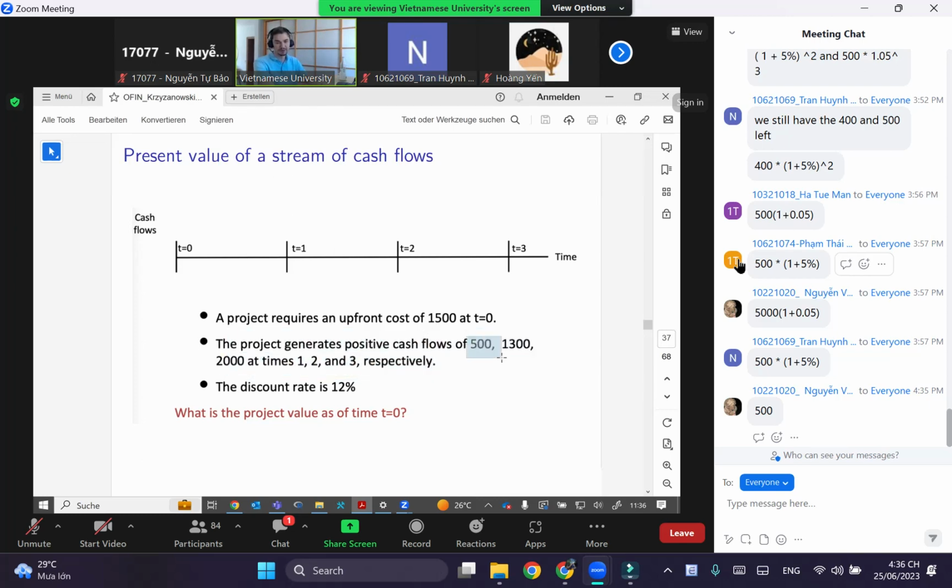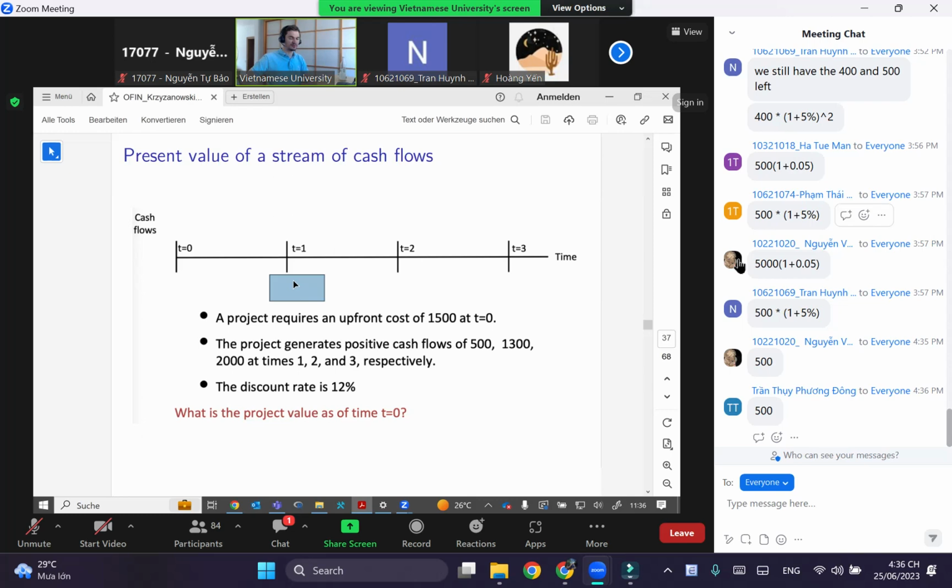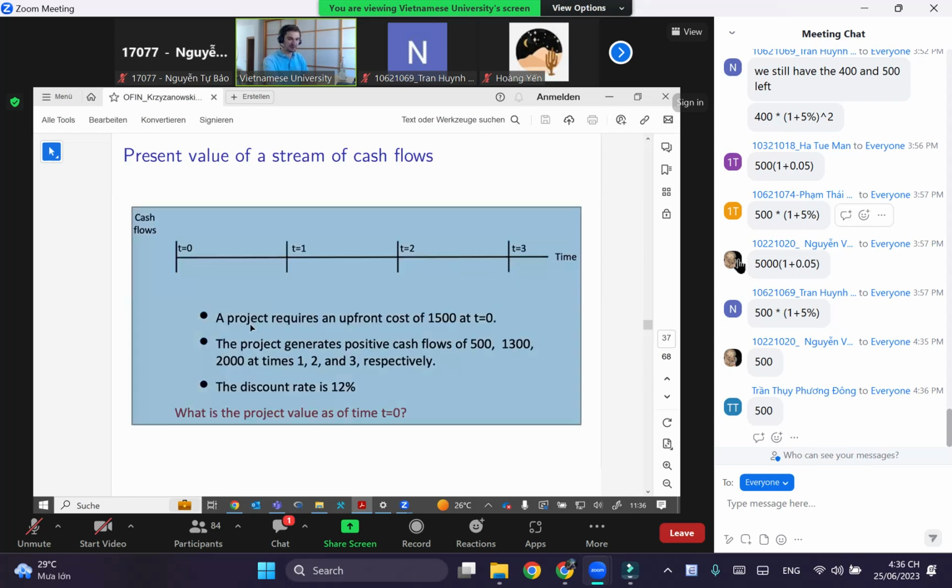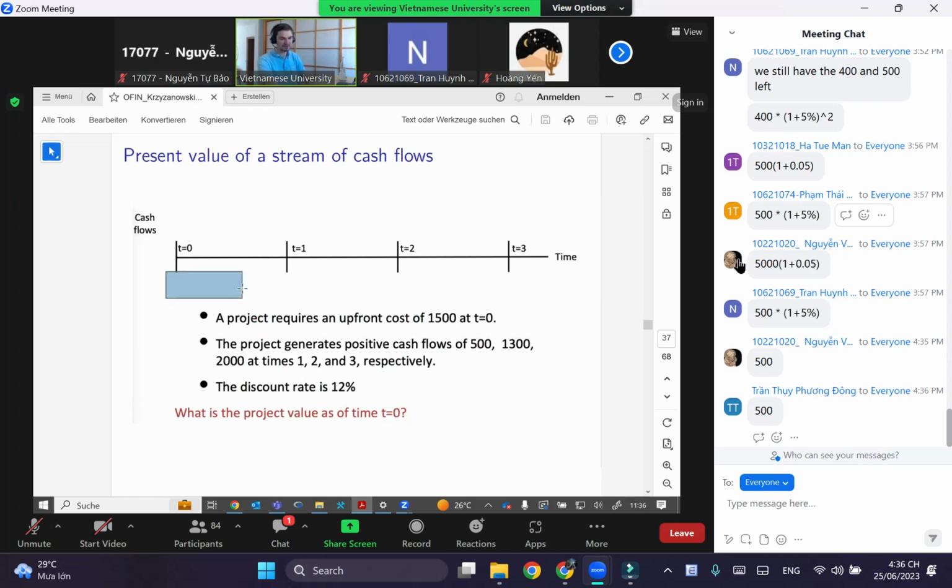So at point 1, what amount would we have here? We would have 500, exactly. 500, not minus 500, because after the initial minus 1,500 investment, in period T1 we would obtain plus 500 units.